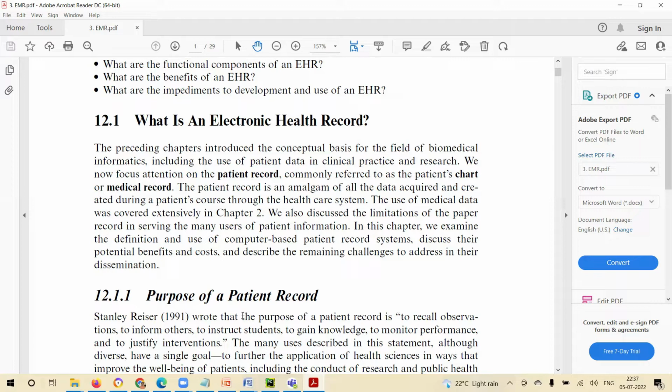And now the government is planning to make regional centers, and all the hospitals will be able to share the medical record. So when you move from one city to another, or one hospital to another, you will not have to carry your medical record. Earlier it was at hospital level. Now they are planning this, or actually a lot of work has already been done.